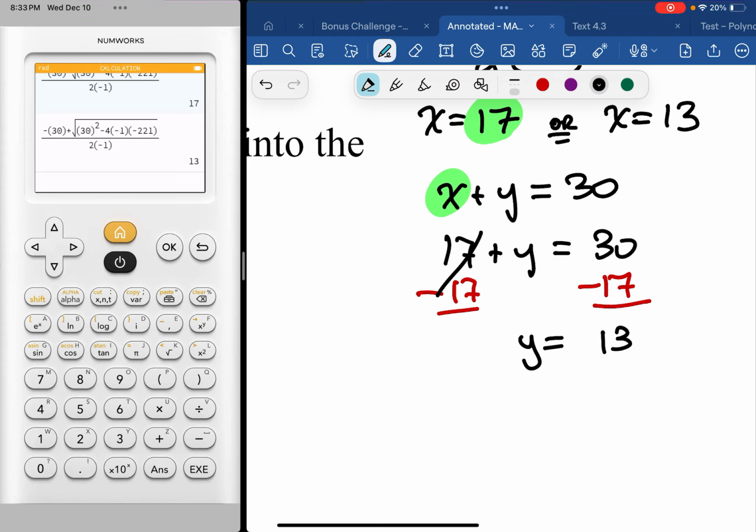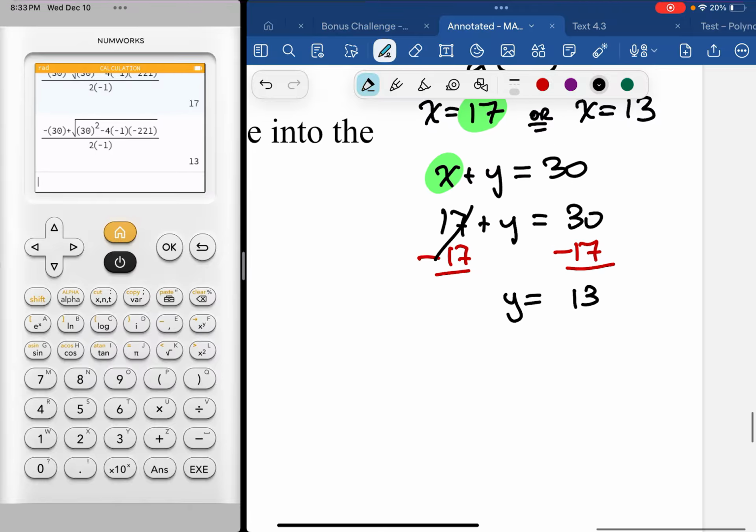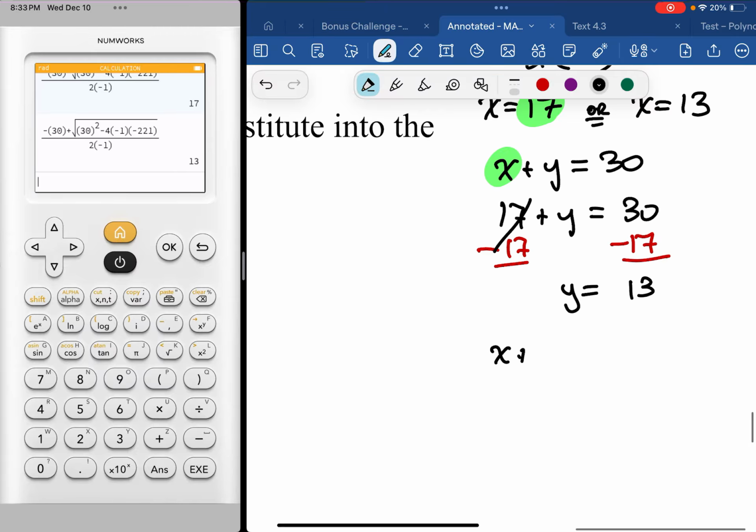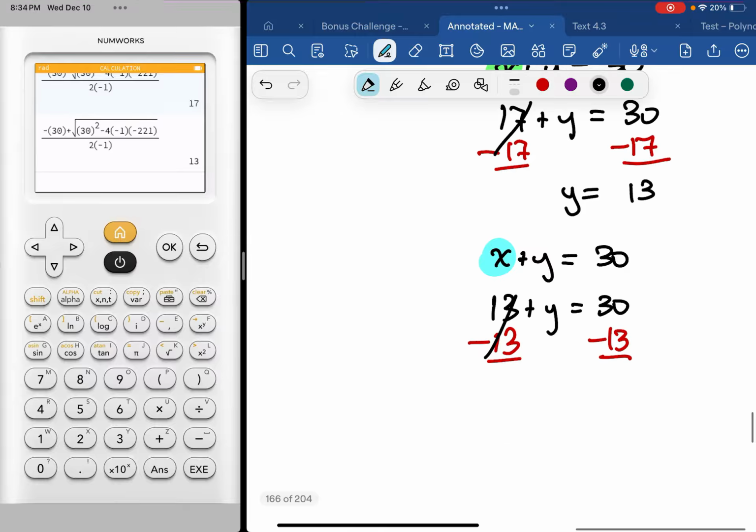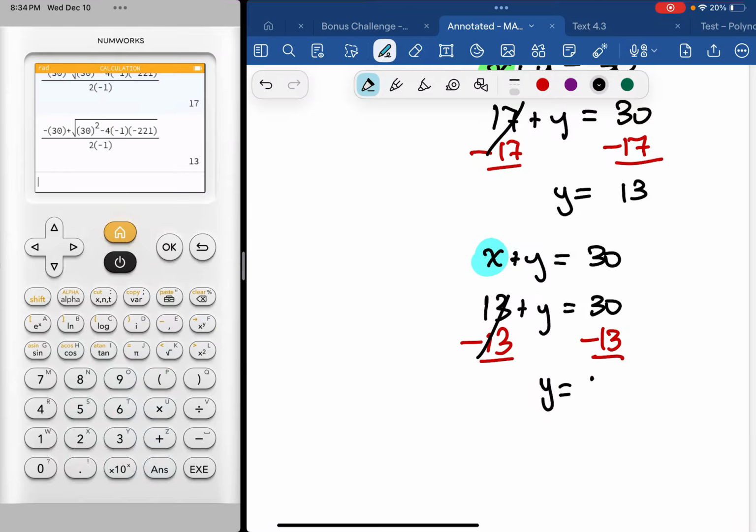All right, so I'll do that. X plus y equals 30, replacing the x with a 13. So long story short, we're going to get the same pairing of values.